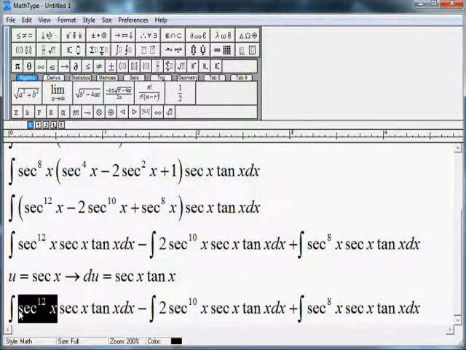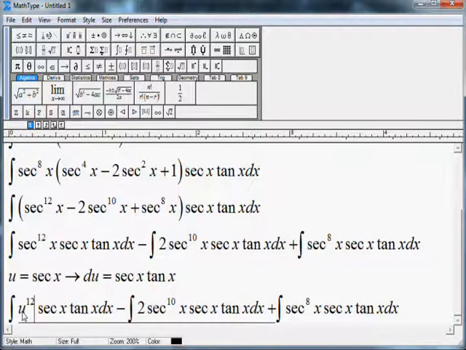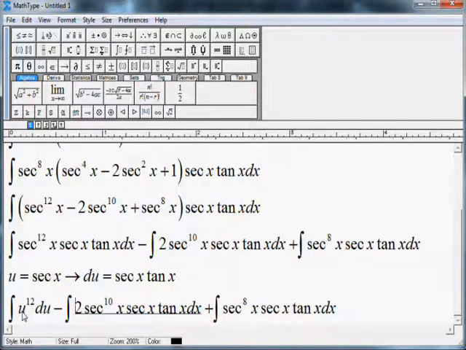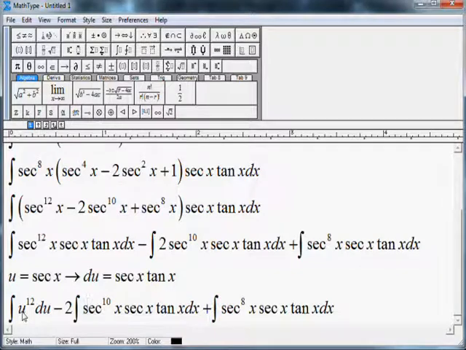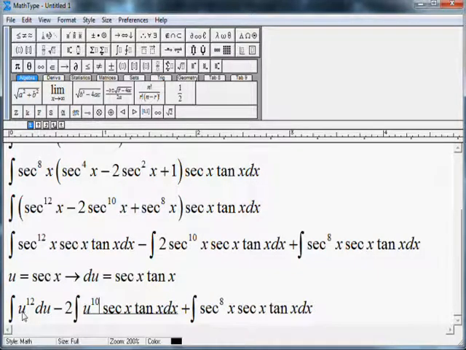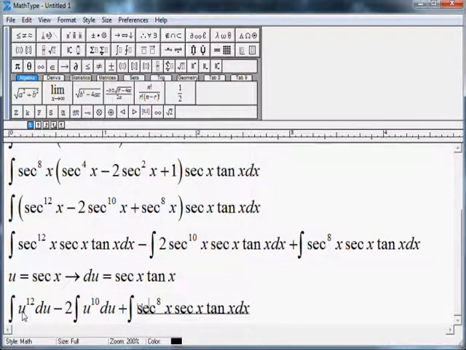So this is going to change to u to the 12th du, and let's move the -2 outside, that's going to be u to the 10th du, and then this is going to be u to the 8th du.